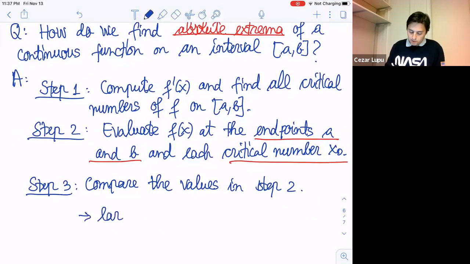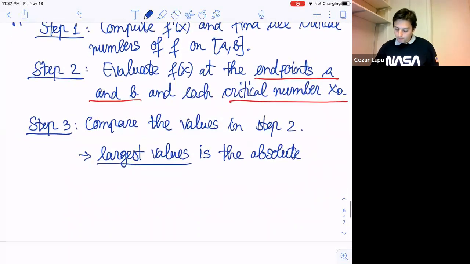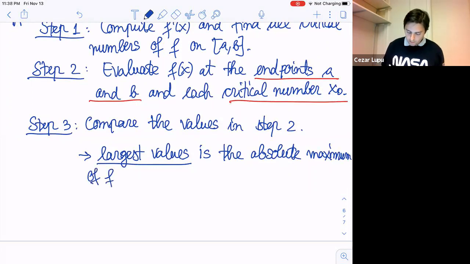So the largest value is the absolute maximum of f on the interval AB, right?